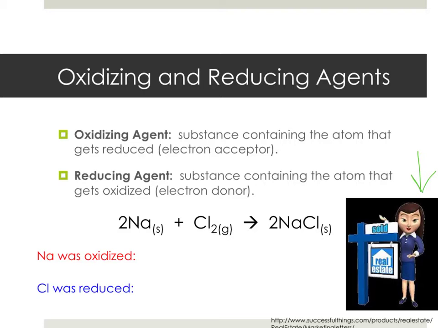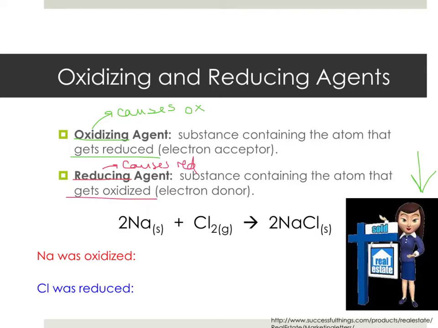Just like an oxidizing agent is what causes the oxidation. Since it causes the oxidation, it must get reduced. Likewise, a reducing agent causes reduction.